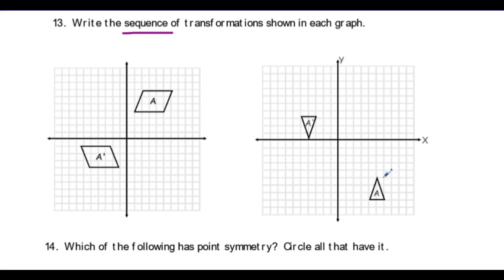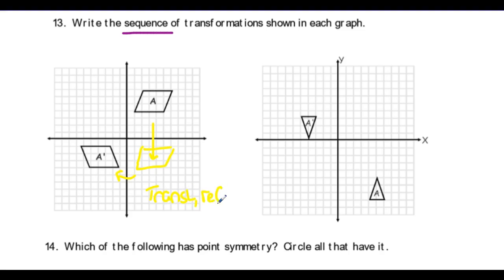Same thing here, from A to A prime. One option for this one is that A was translated down here, which would make it look something like this. And then reflected in the y-axis. So I think a translation followed by a reflection. That's my answer.